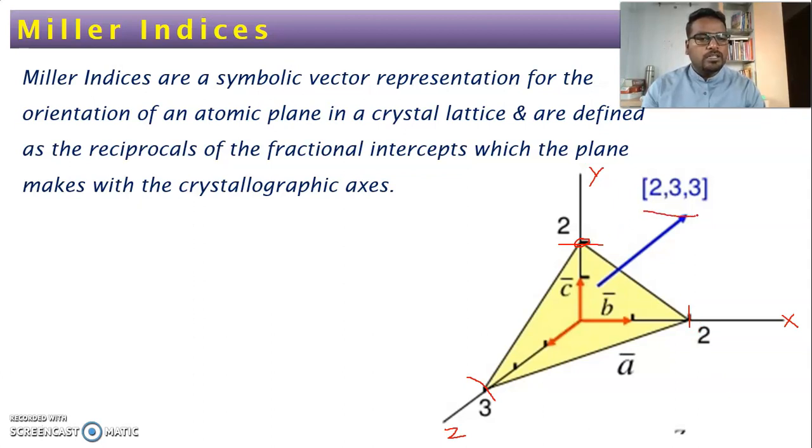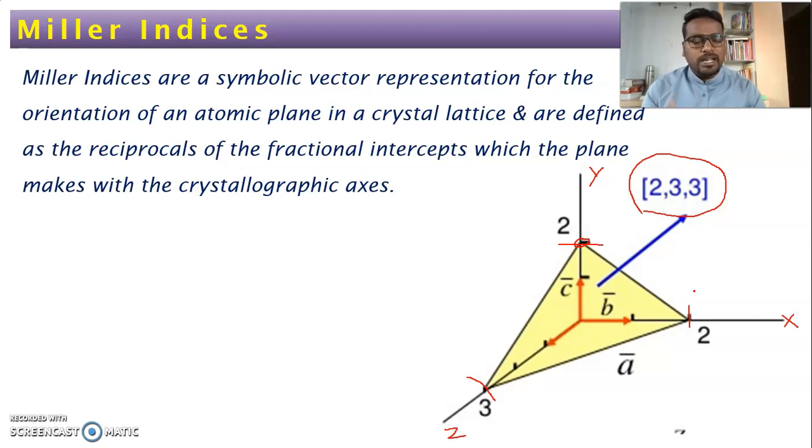What does it indicate? These 2, 3, 3 are the ratio of the distances at which the constituent atoms are located along the x, y, z axes respectively. That means, as we studied in the laws of crystallography, these intercepts are in the ratio of some integers, multiples of some integer.